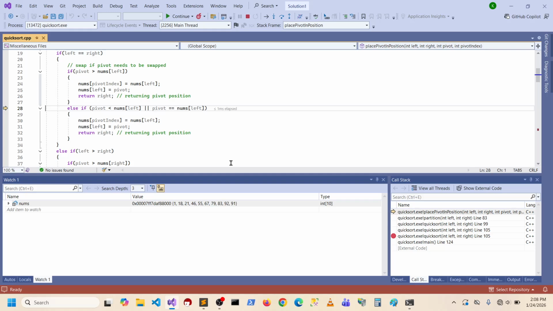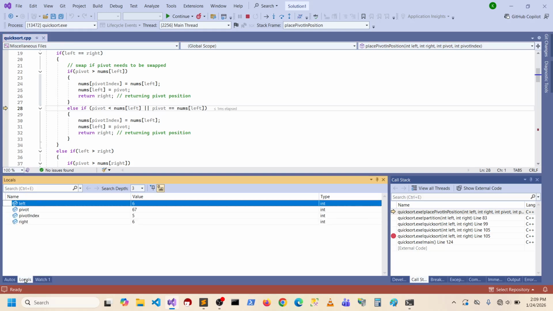I mean, the pivot doesn't need to be swapped. I mean, it is 6, right? Yeah. 6 and 6. Left and right are 6. Pivot index is 5.